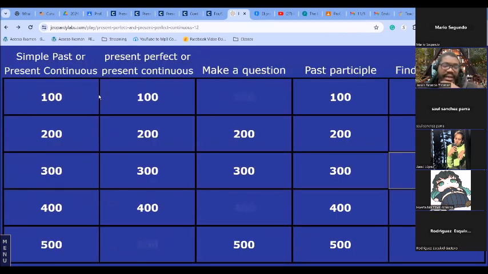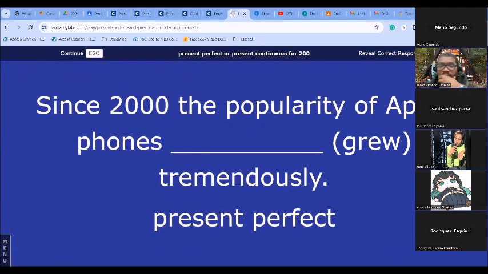All right. After Paula is Fernanda. Present continuous 200. All right. Present perfect simple.